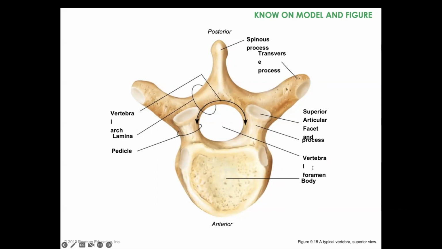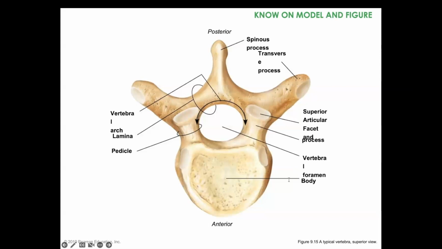The vertebral foramen is where the spinal cord runs down your spine. Next, we have the spinous process, which are the bumps you can feel on your back if you run your hand down the base of your neck going in between your shoulder blades. Next to the spinous process, you have your transverse processes that stick out toward the sides.